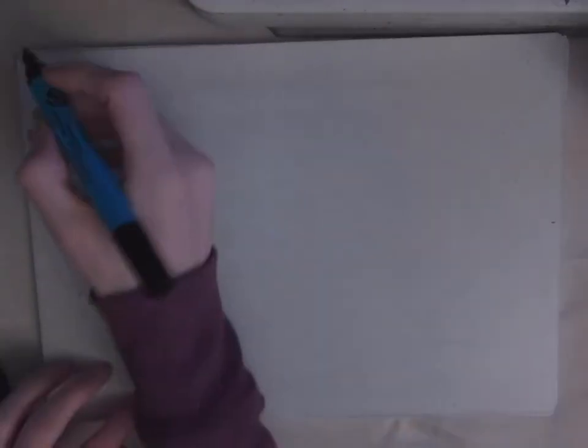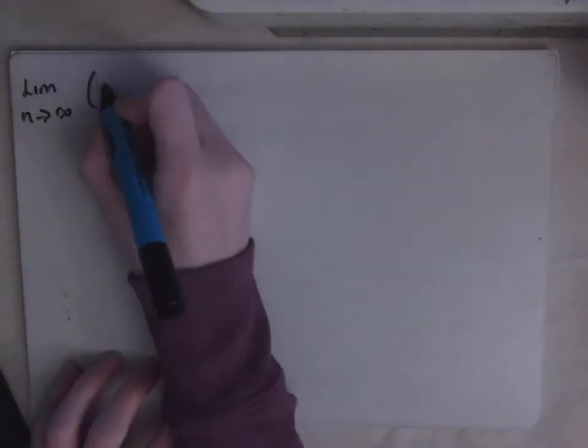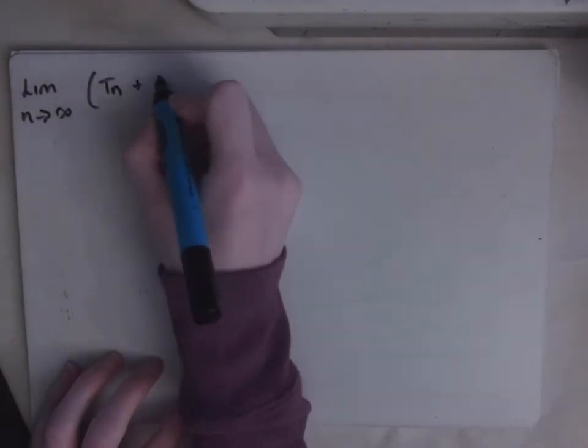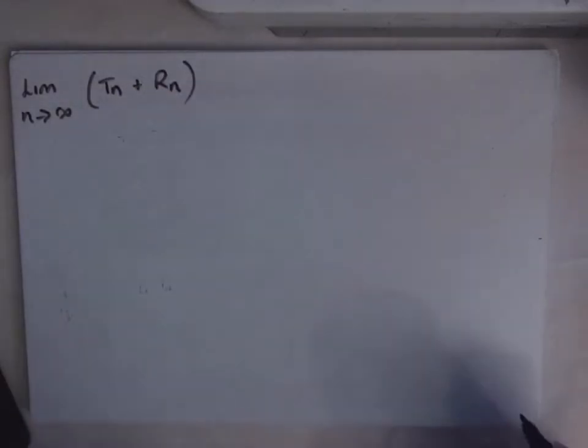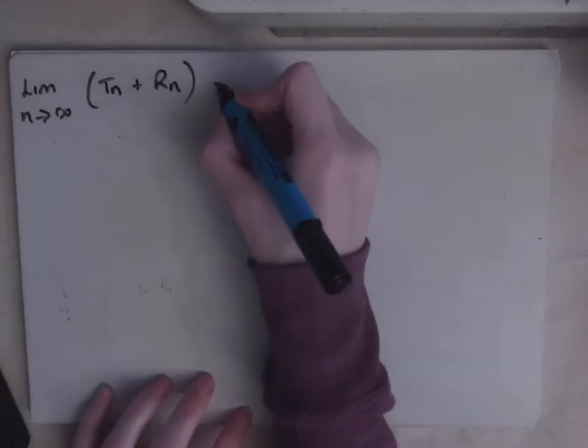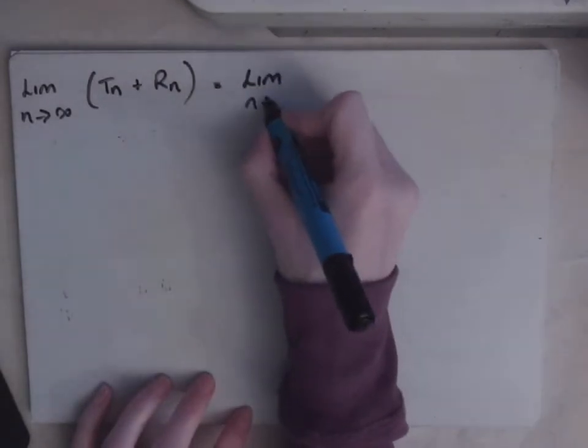Now if you're asked to get the limit as n goes to infinity, and for sequences and series we're really only interested in n goes to infinity, of two different general terms, the limit of Tn plus Rn, all you're going to do is get the limit separately.